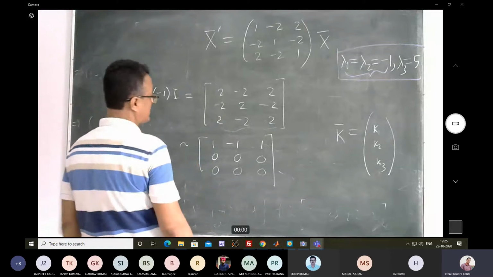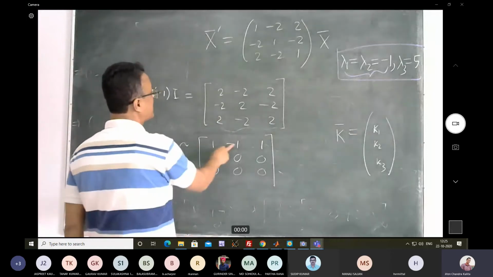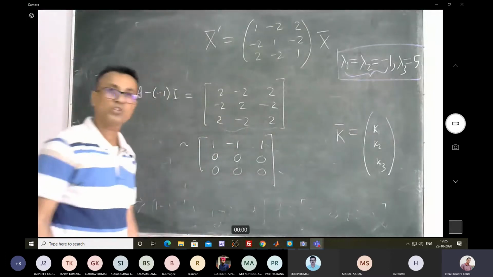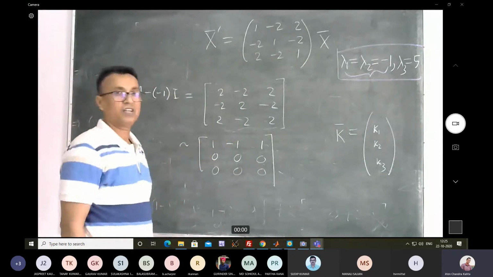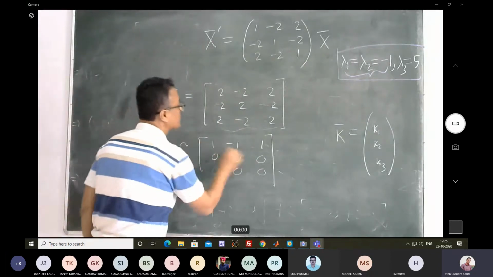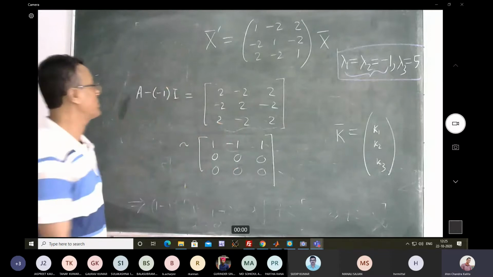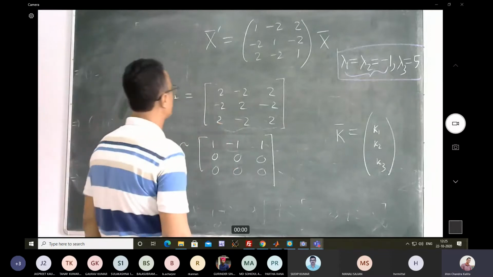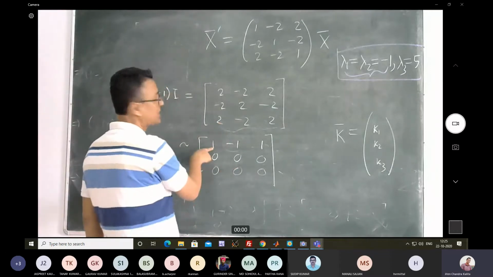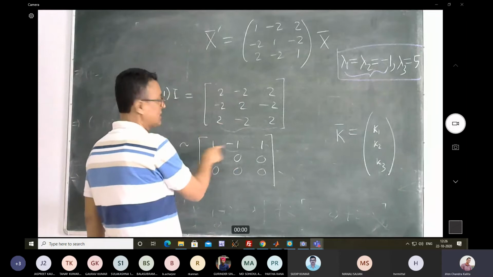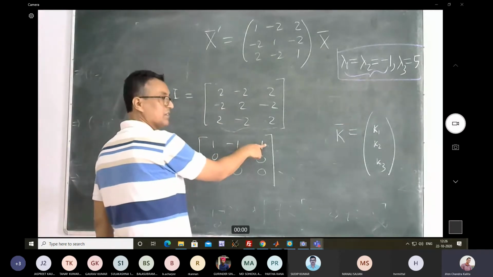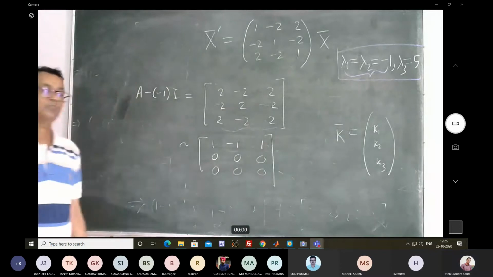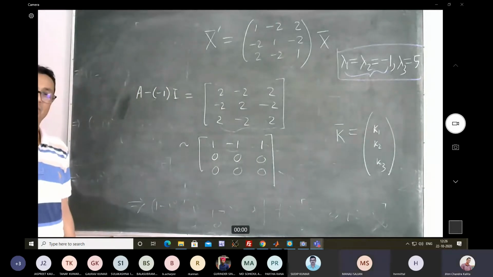If you look at this, so basically I have k1 minus k2 plus k3 equal to 0, right? So I have many choices here now. See, this negative one is beautifully set. So firstly, what you can do, you can take k1 equal to 1, k2 equal to 1, k3 equal to 0. Is it okay? Fine? Yes, sir.